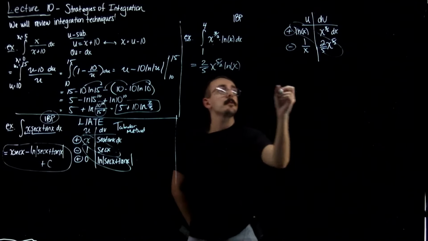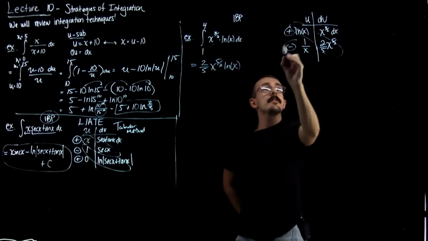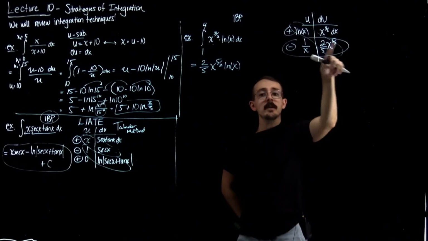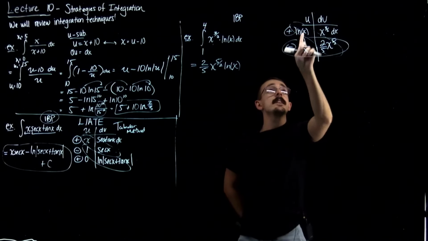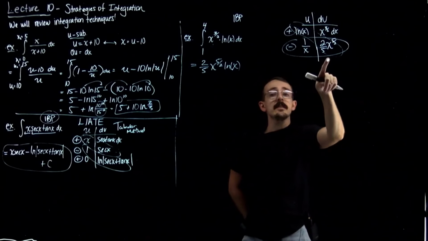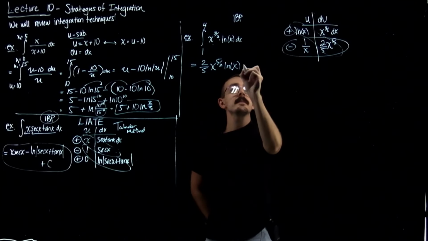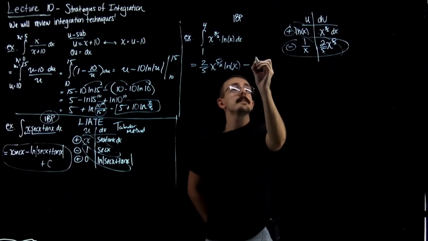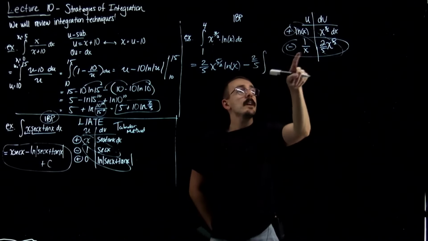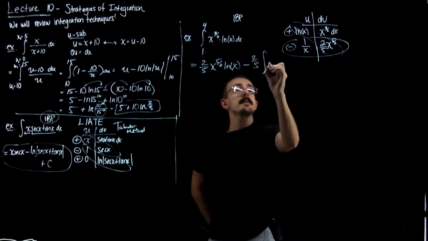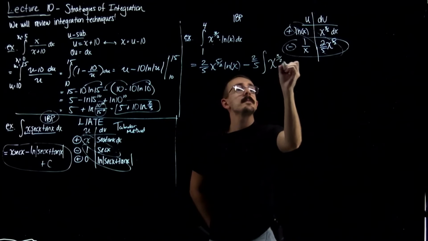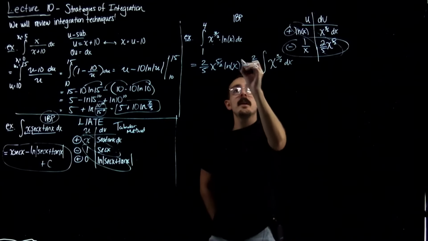That's my first diagonal. And then here I have this row, which is a duv, so I'm going to keep this in the integral. This is going to be minus 2 over 5 is the constant, 1 over x times x to the 5/2 is going to be x to the 3/2 dx.